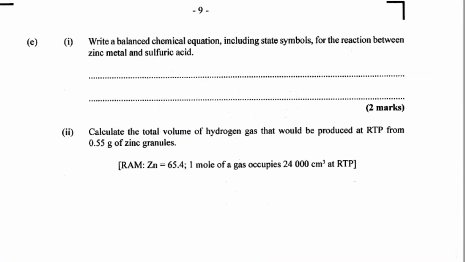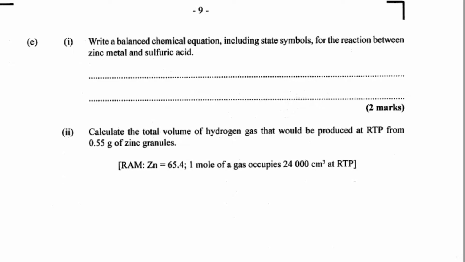So this part is the last section, E. It has 2 parts for 5 marks. Part 1, 2 marks. Part 2, 3 marks to make it up to 25. Write a balanced chemical equation including state symbols for the reaction between zinc metal and sulfuric acid.